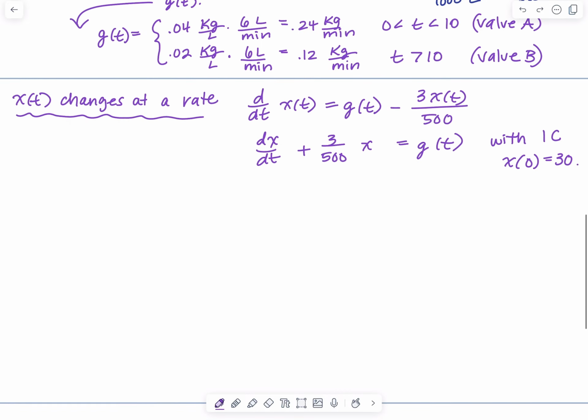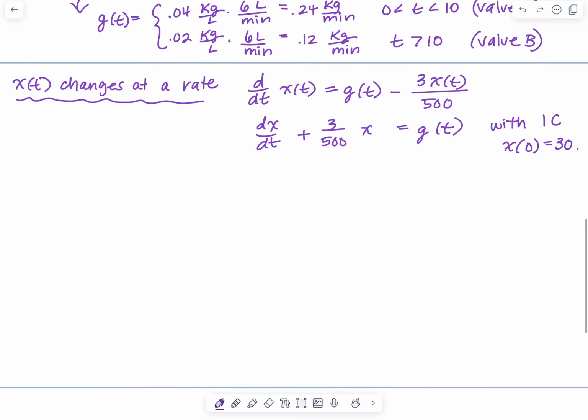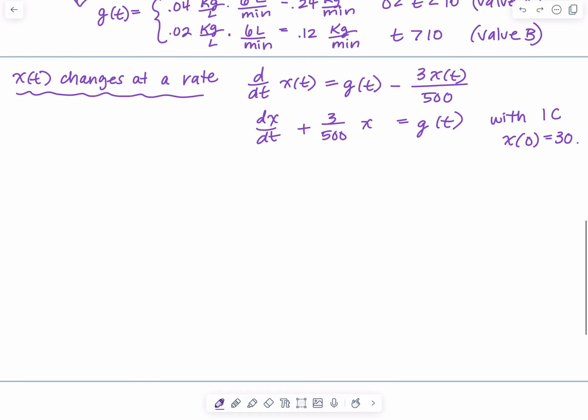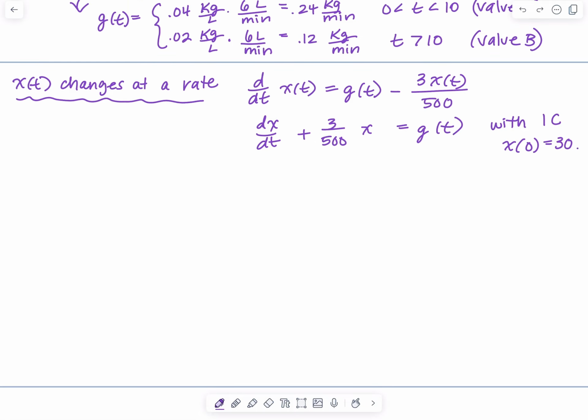And of course, we have linear constant coefficients equations, and we do have a jump discontinuity at t equal to 10. So we introduce the Laplace transform. And the Laplace transform of a function f of t, so let's just go ahead and write that.